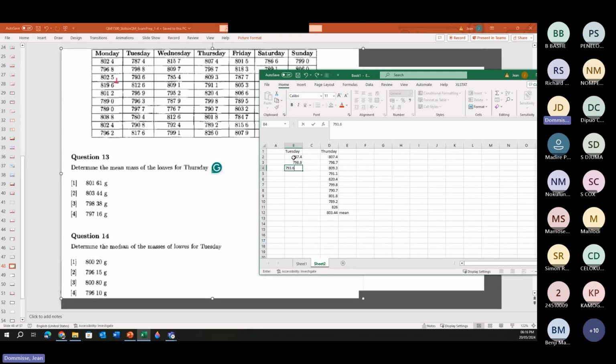While one of you is doing it, I'm just quickly going to look at the Excel component. Then at least you also have something that you're allowed to use. Again, remember you are writing open book.